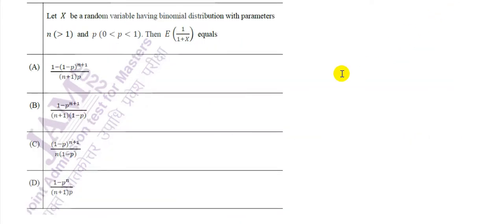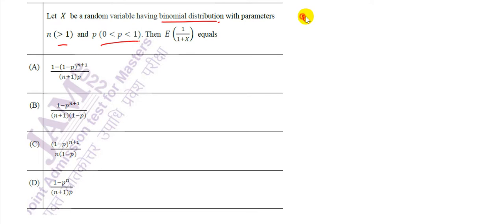Okay, the next one says X is a random variable having binomial distribution with parameters n greater than 1 and p lying between 0 and 1. Then what is the expectation of 1 by 1 plus x?